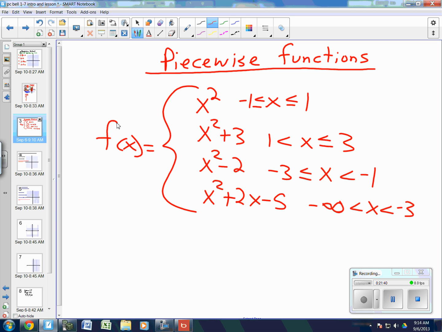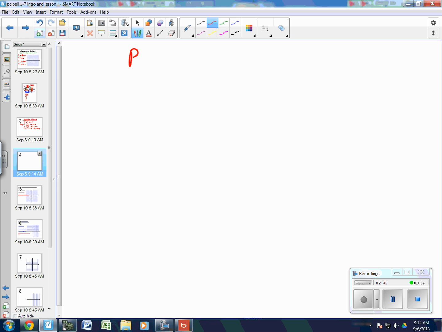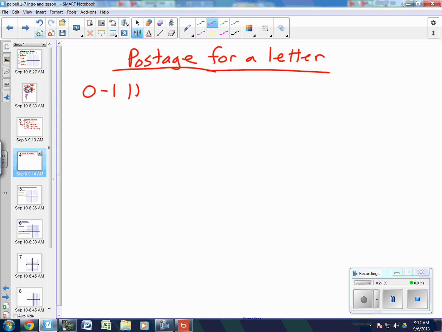Okay. So postage for a letter is 33 cents, right? So from 0 to 1 pounds is, let's say, 32 cents, right? From 2 pounds to 3 pounds, the rate is, let's say, 40 cents.